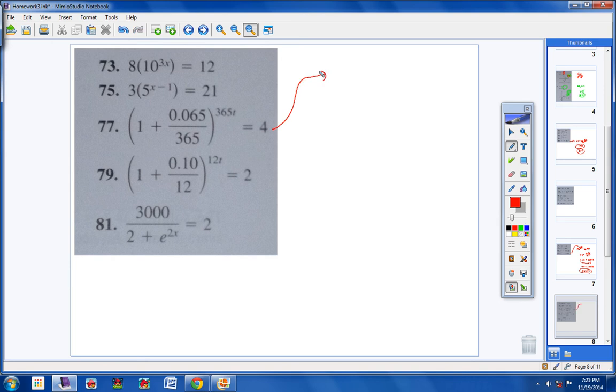And I'm going to get this right here. And I'm going to make it pretty big, okay? 1.0001781. Okay, to the 365t power. Okay, there we go. Now the base of your unknown is this right here.